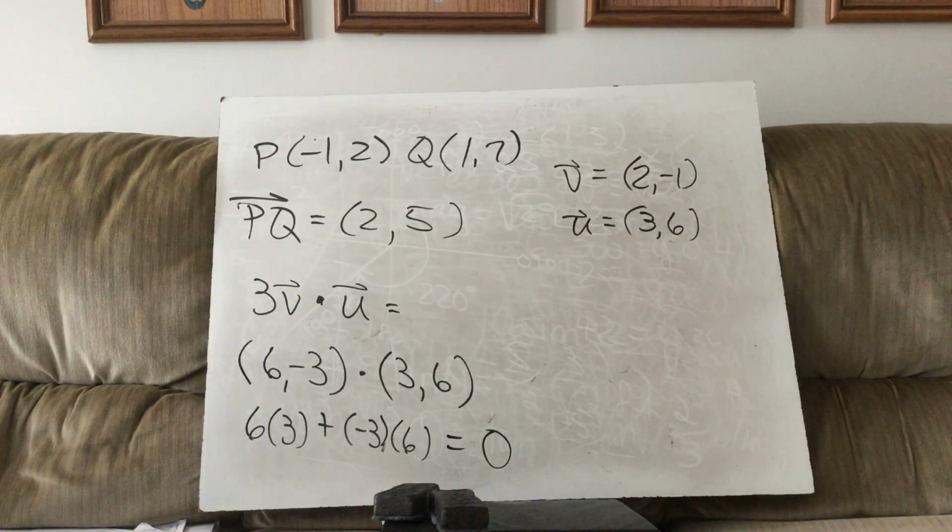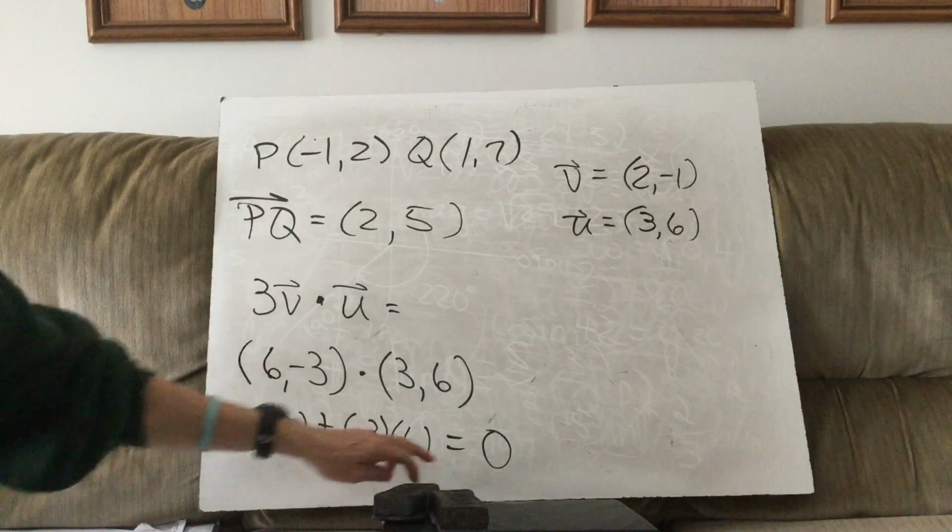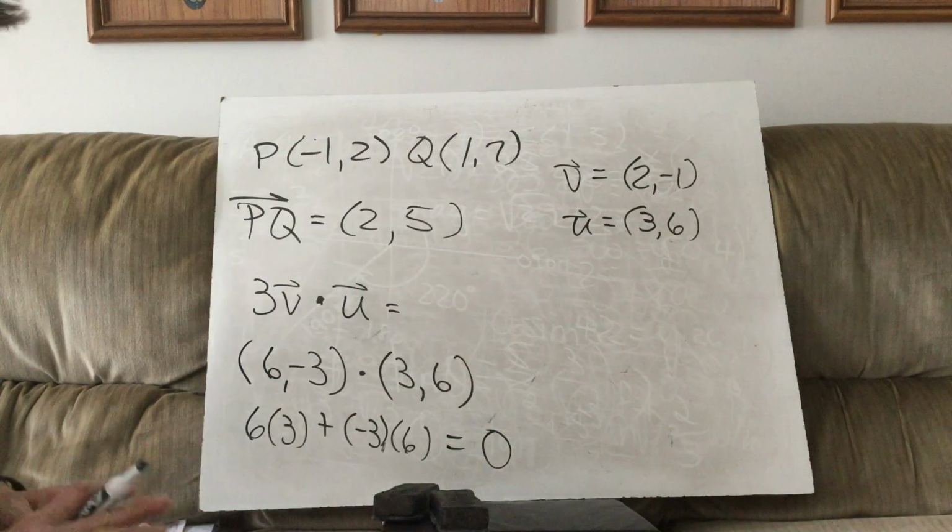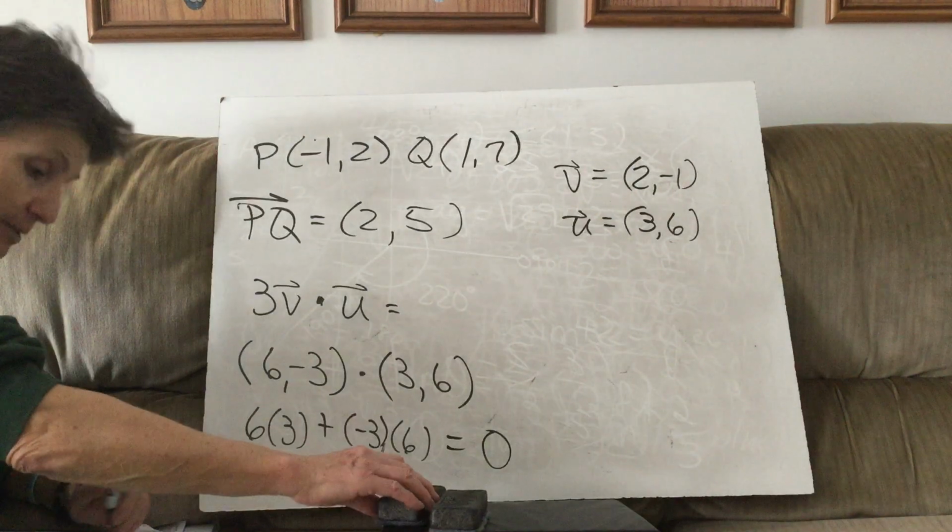Now, we learned in one of our videos that when the dot product is 0, that means your vectors are orthogonal. So that doesn't have anything to do with this question, but just as a little reminder, when the dot product equals 0, that means your vectors are orthogonal.